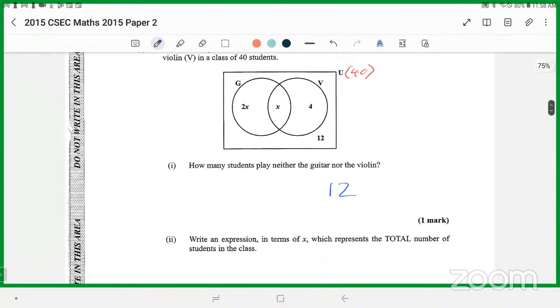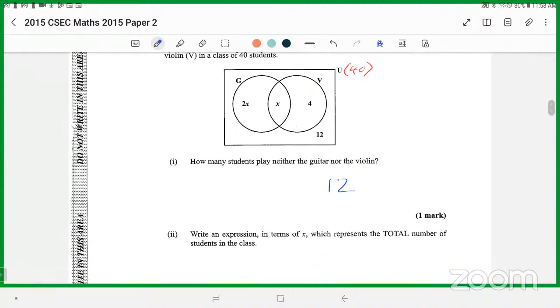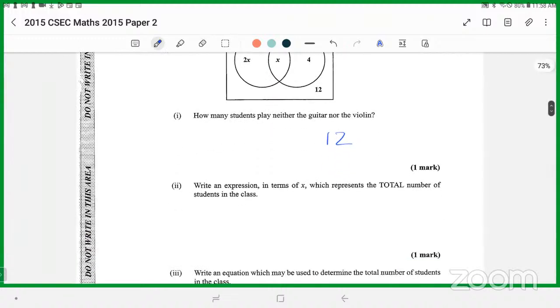Next one. Write an expression in terms of x which represents the total number in the class. So basically adding up these for the total number in the class. And I only want an expression. Just write the expression. Don't put an equal sign anywhere in there, for them to think it's an equation.